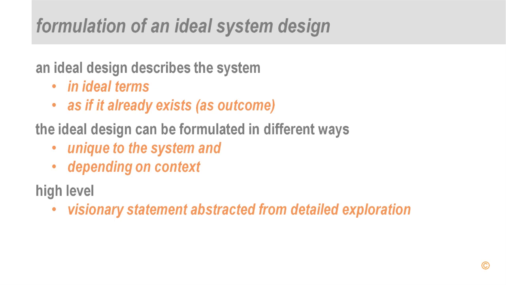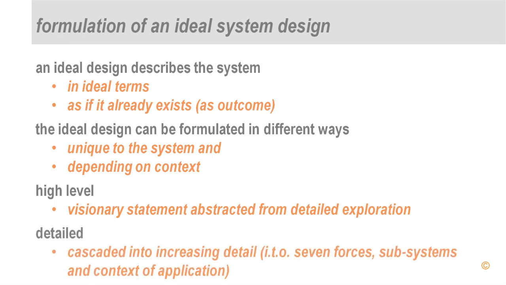At the same time, if one makes a statement like that, it should be able to be cascaded into increasing detail in terms of the seven forces: what the ethos should be, what the aims should be, what the processes should be, and so on. And also the subsystems, the different types of energy generation, energy transportation, energy usage, etc. And also the context of application.